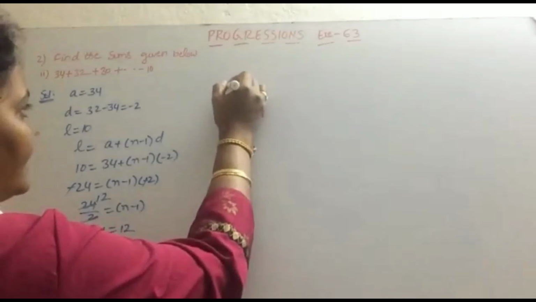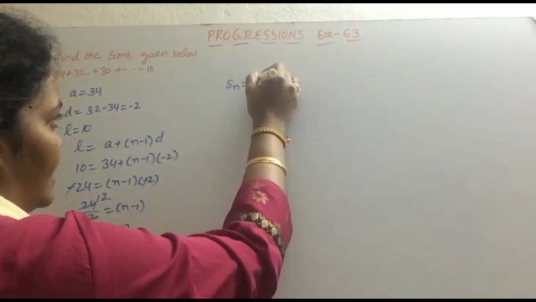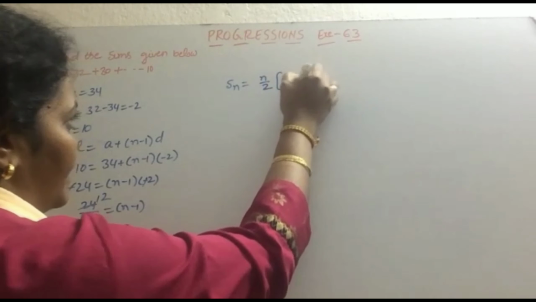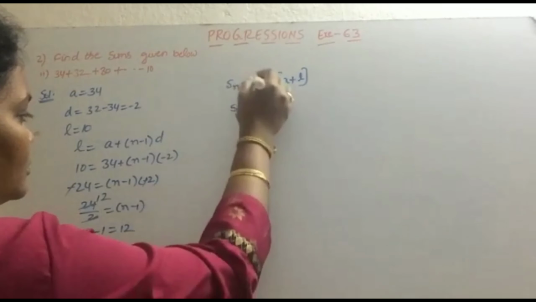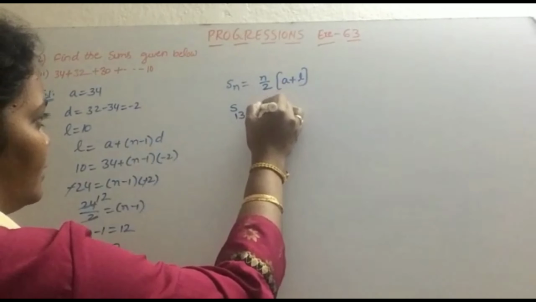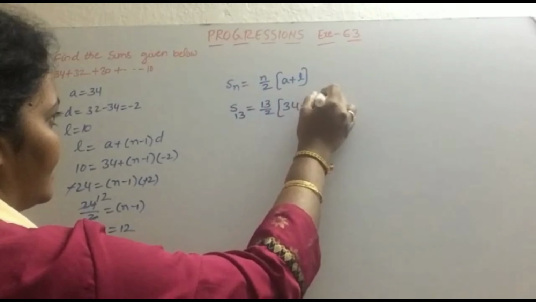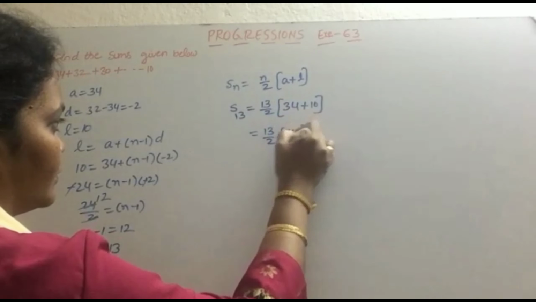So now Sn equal to n by 2 into a plus l. So n is 13 by 2 into a is 34 plus l is 10. So that is equal to 13 by 2 into 44.